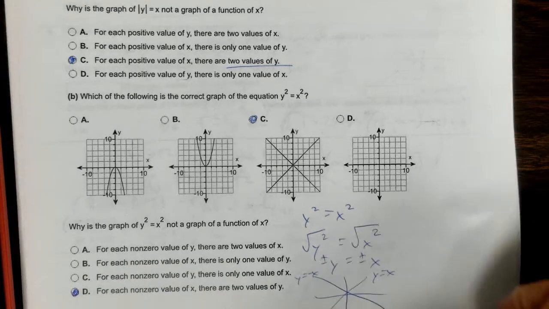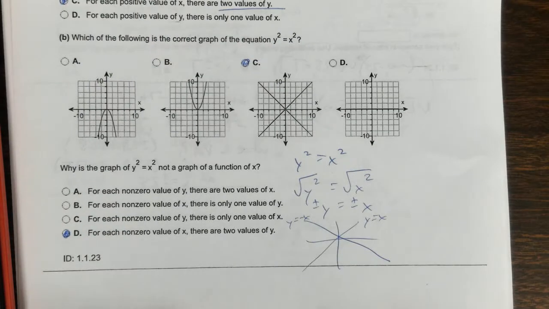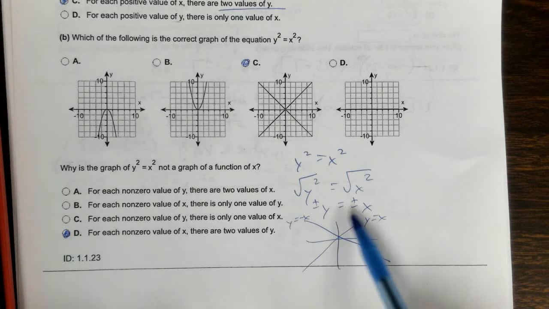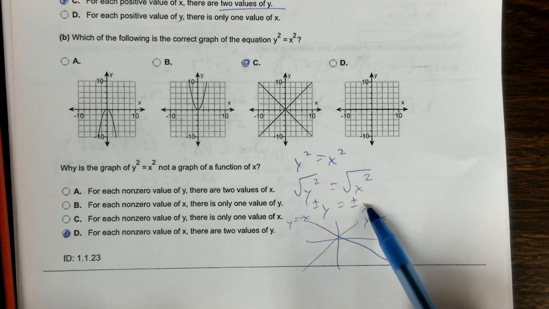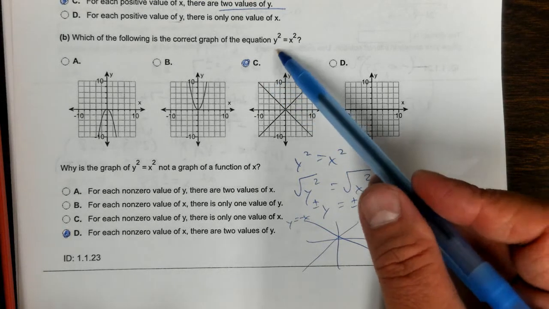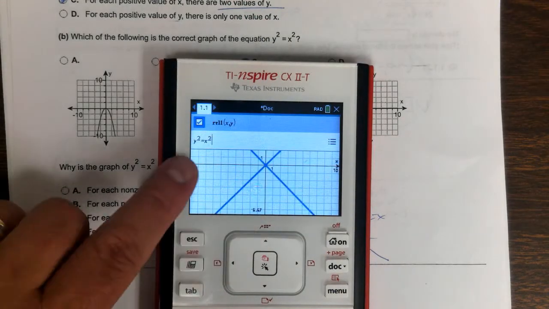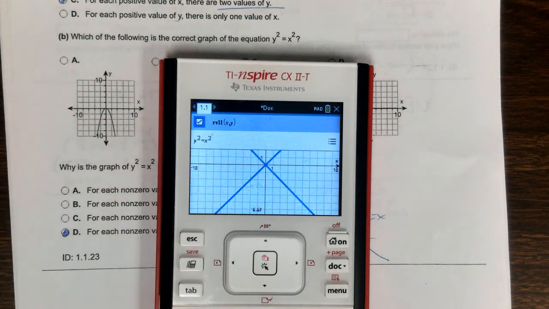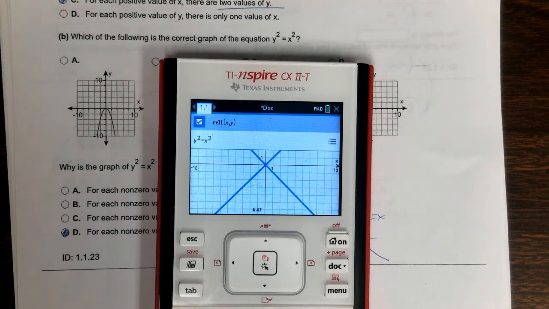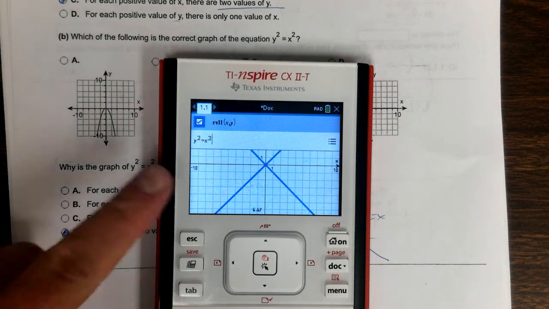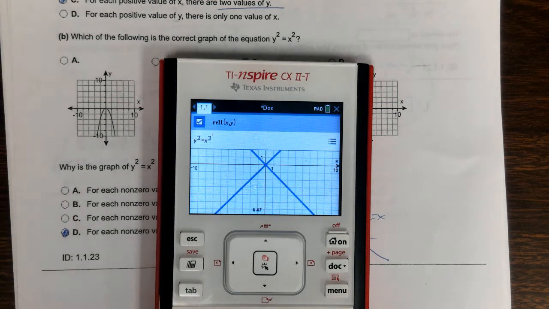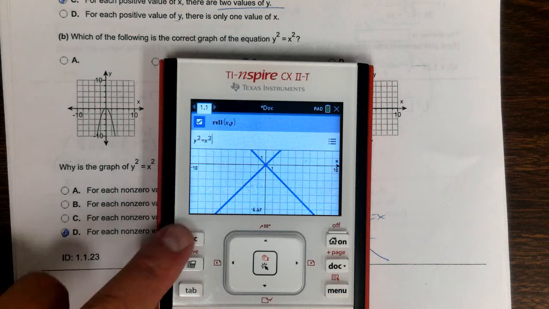And so it covers both situations. You don't really have to do that. You can just remember, change it to relation. And notice I didn't even bother solving for y. Now, like on the algebra EOC, you have to be in press to test mode, so relation mode is not allowed. But for this, you can.